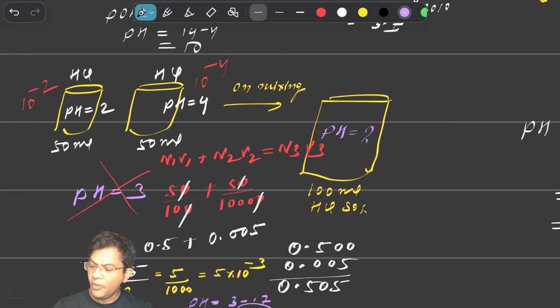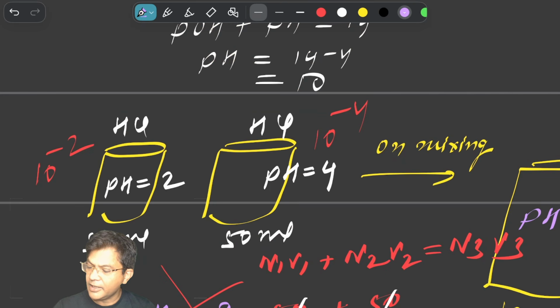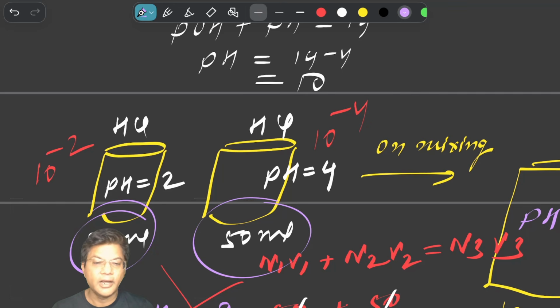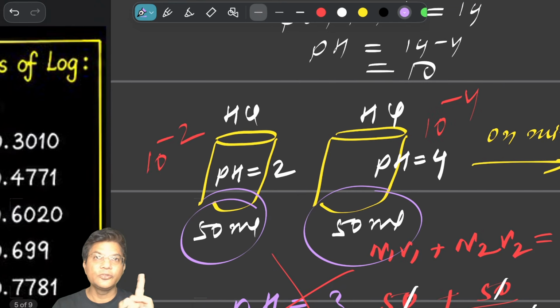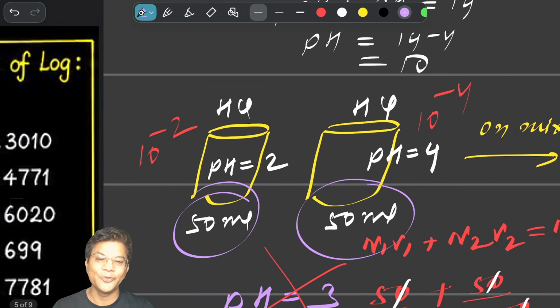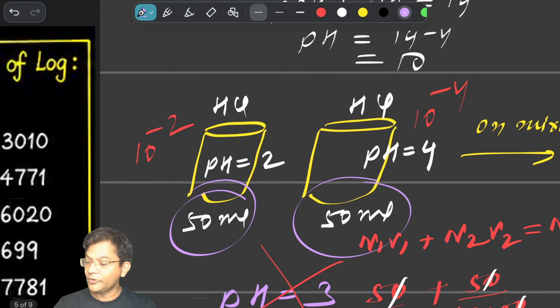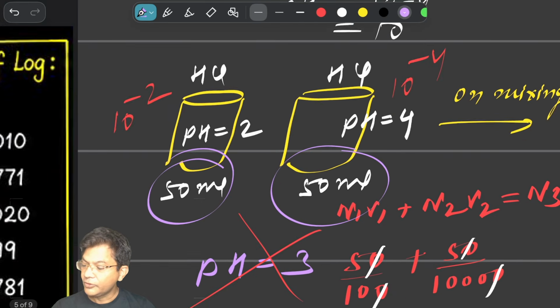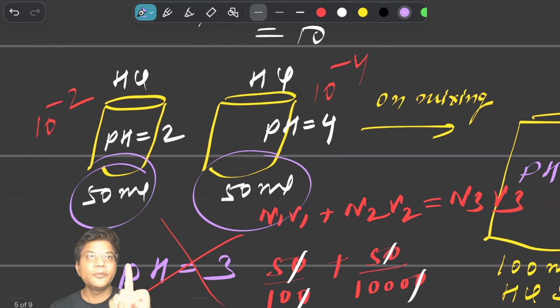Remember that whenever in the examination they are taking equal volumes, 50 ml, 50 ml, 100 ml, same volume, you see pH is not following averaging, right? pH is not following averaging. Now see, the answer has come out 2.3. So remember that the answer will be nearest to the lowest pH.